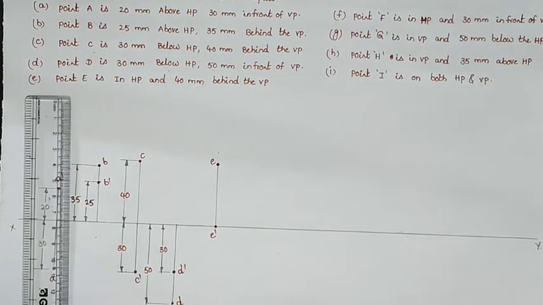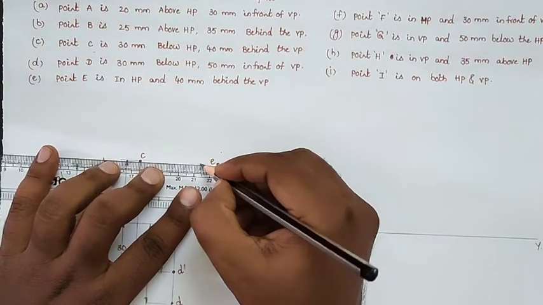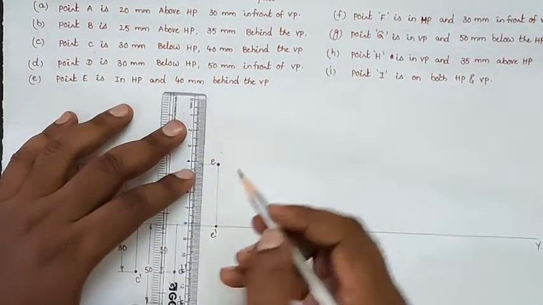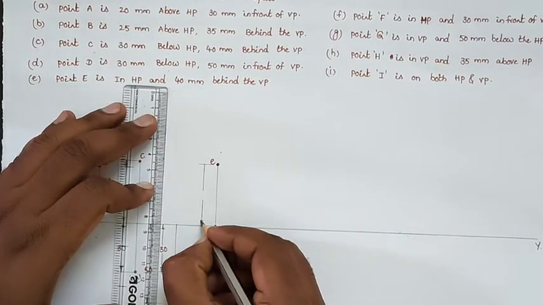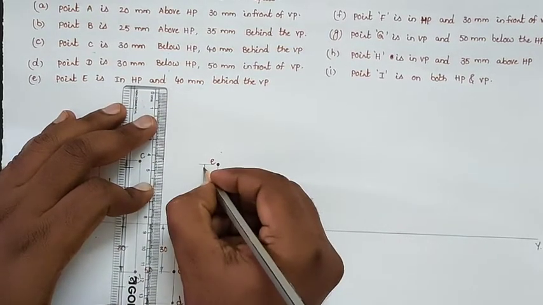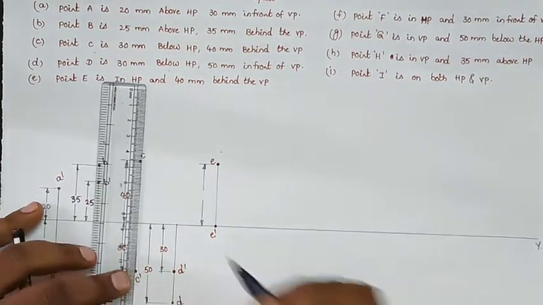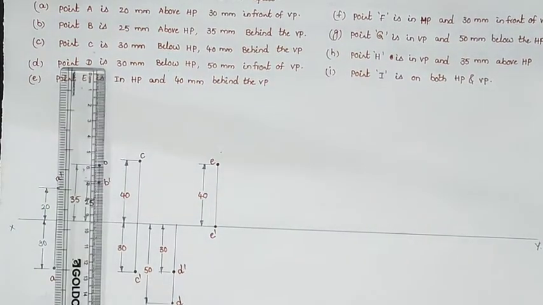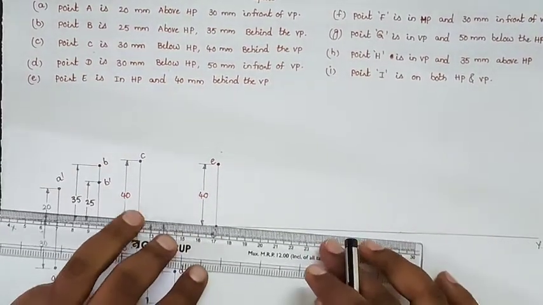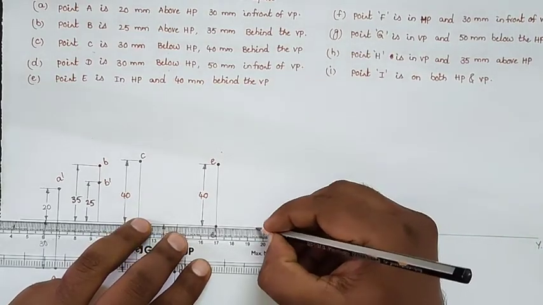And coming to the next problem, we will give the dimensions also. This dimension is 40 mm behind the VP. Now you can take another 25 mm and draw the projections of another point.